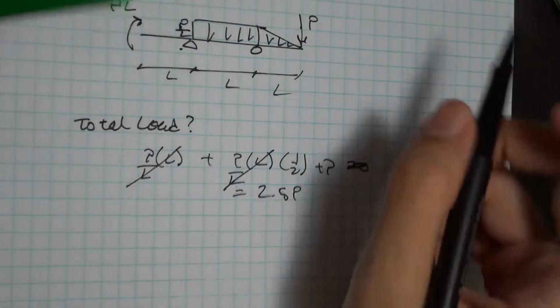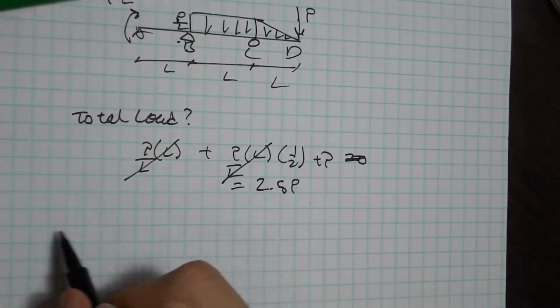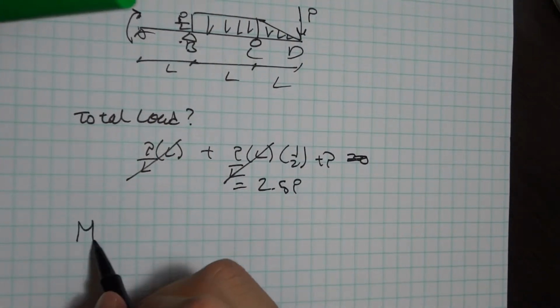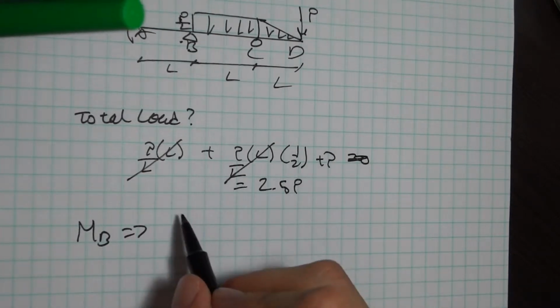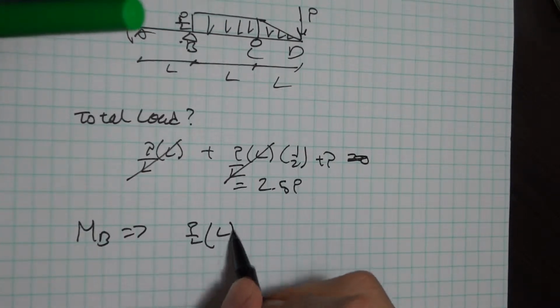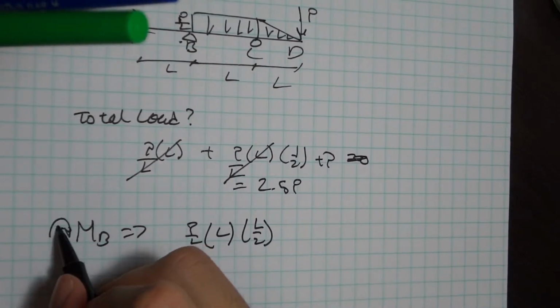Okay, now let's call this A, B, C, D. We do moment about B. We get P over L times L over 2. Let's do this way as positive.